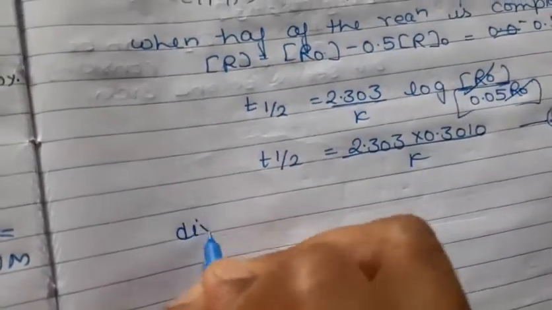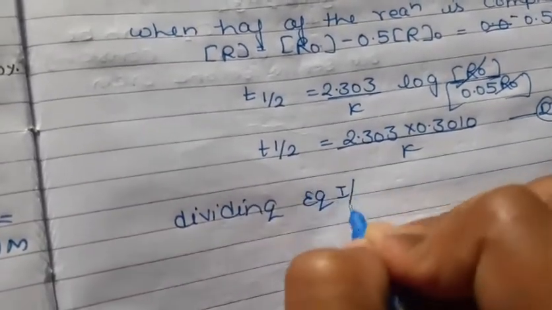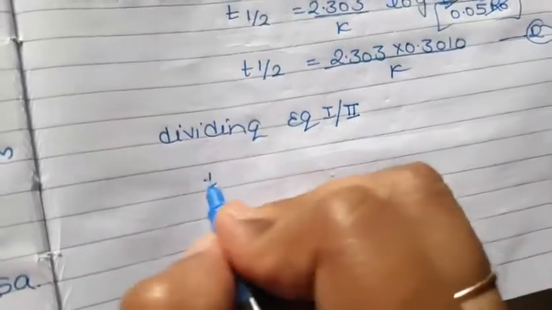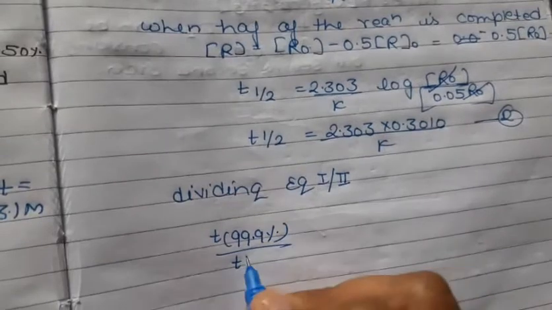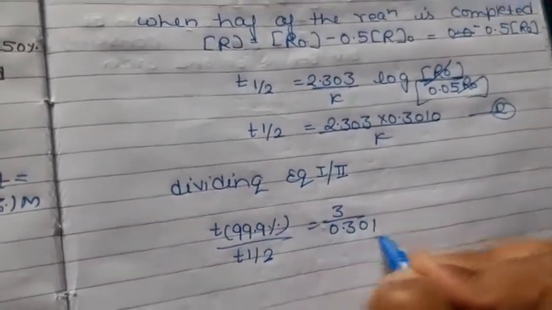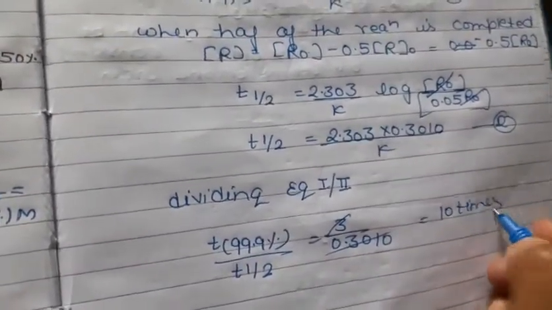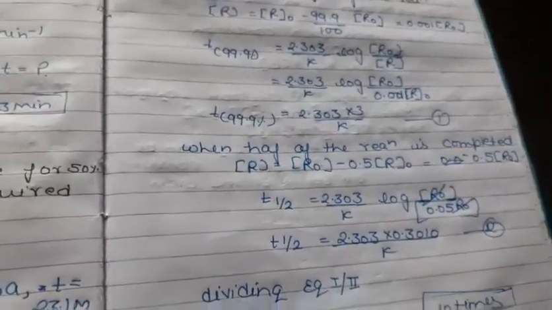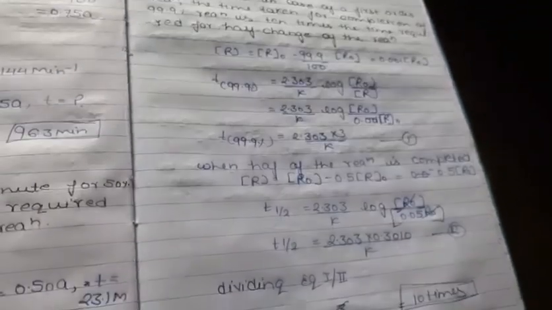Now dividing equation one by equation two, t 99.9% upon t half equals 3 upon 0.3010, and it becomes 10 times. Okay, so it is proved. It is also a very important question because it has been asked many times in the board examination.